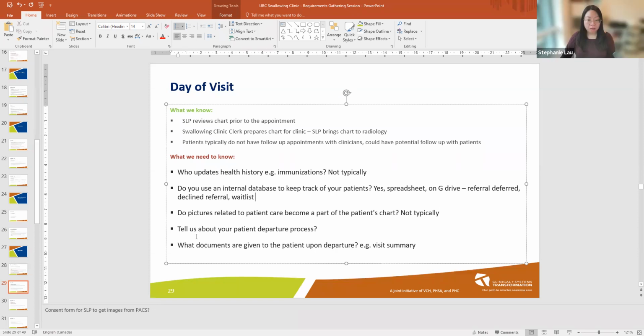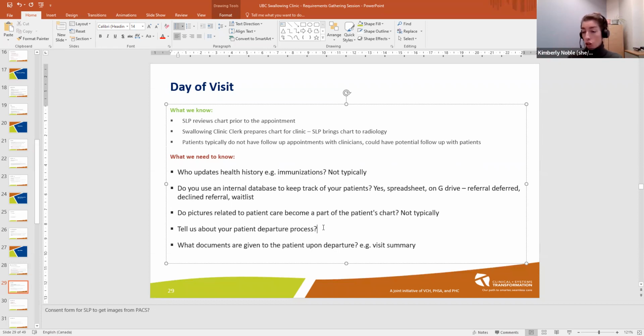Okay, and can you tell me more about the patient departure process after the appointment? Is there anything that they need to do typically? Not usually. I mean, we would provide them generally with recommendations and teaching at the time of the appointment in as much as possible.